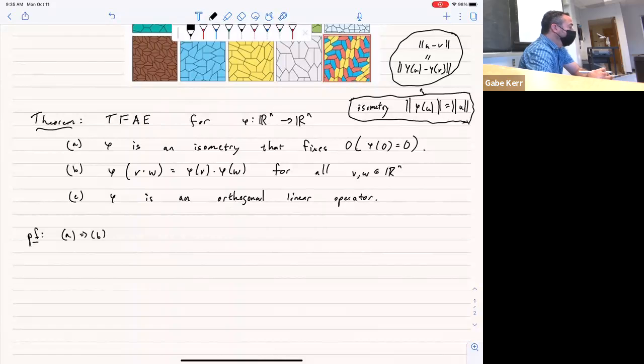The definition of isometry says it preserves lengths, but it doesn't say it preserves angles. The point is that it will preserve angles, given that it preserves lengths.